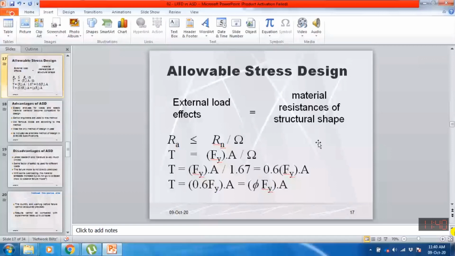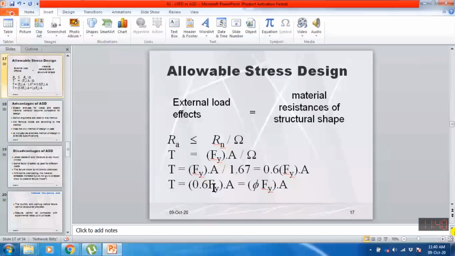If I multiply 0.6 by Fy, which is 250, then this stress will be equal to 150 megapascal. It means that instead of considering the material strength 250 megapascal, I am considering 150 megapascal. This is called allowable stress design or ASD.